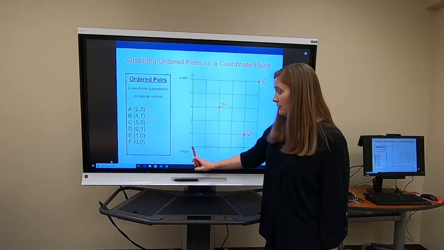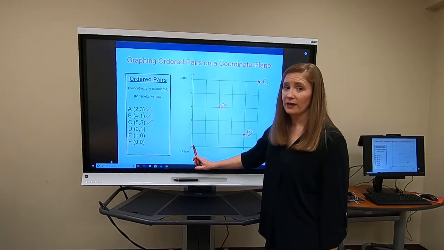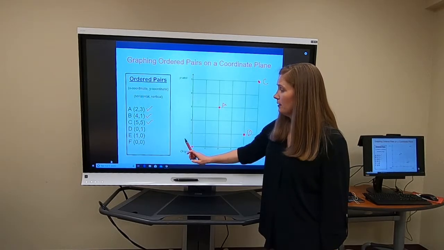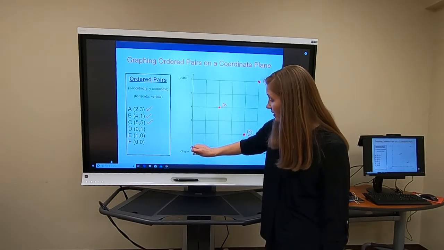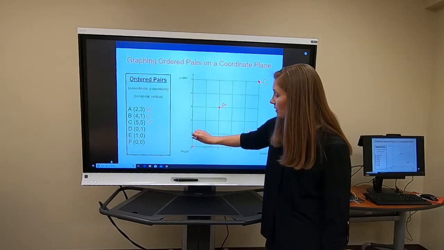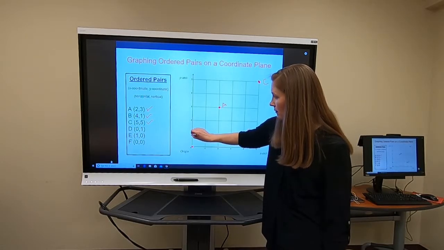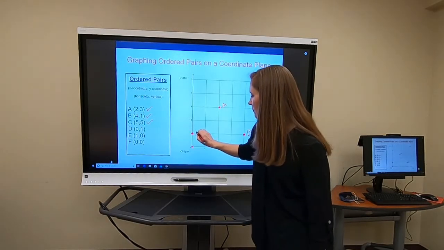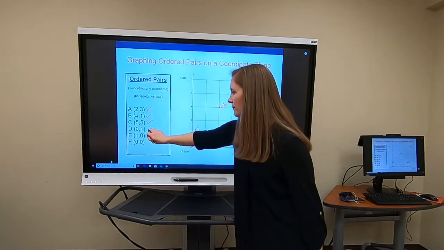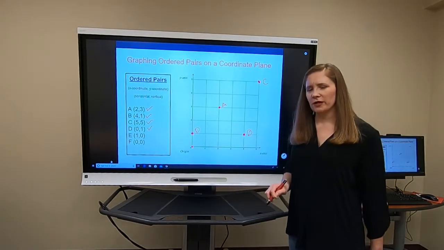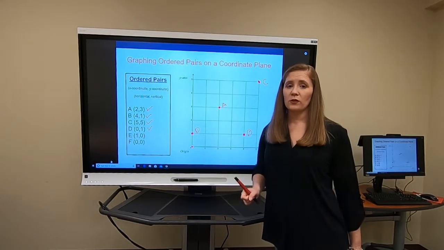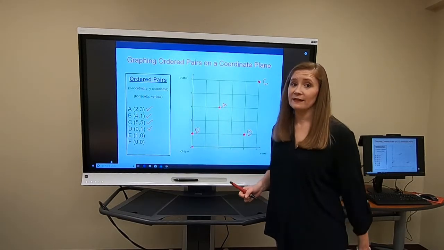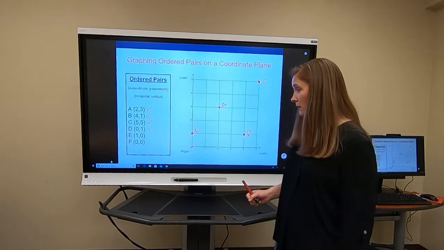So I stay there on the horizontal axis. Then it says 1. So I stay here and then I move vertically 1. So that is point D. Ooh, that's a little strange, isn't it? Notice, is it okay to have a point on an axis? Yes, it is, and you should have some.